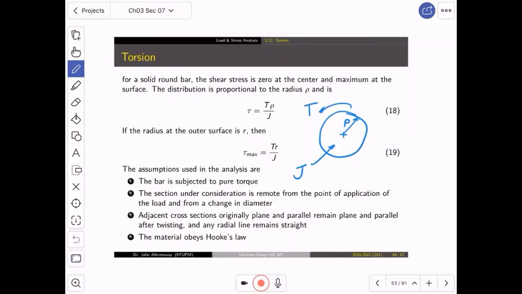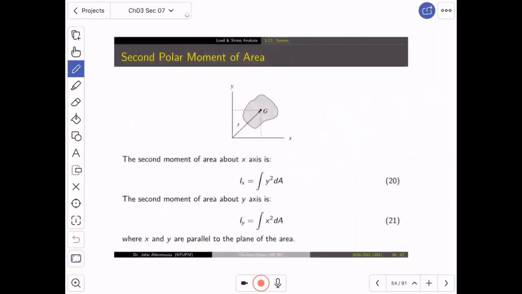Now, when rho is maximum, we call it C. Sometimes we call it R. I don't care. I want you to understand that here we are defining R as the longest distance from the center to the surface of the shaft.